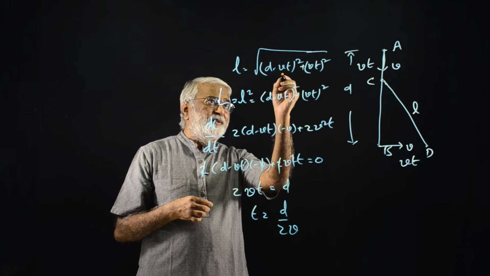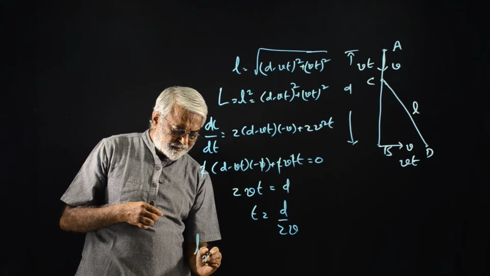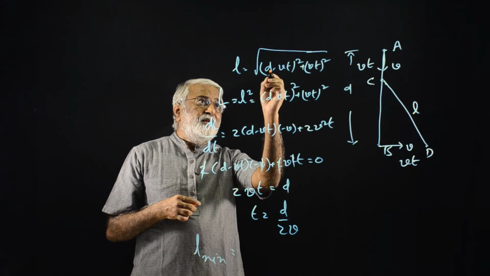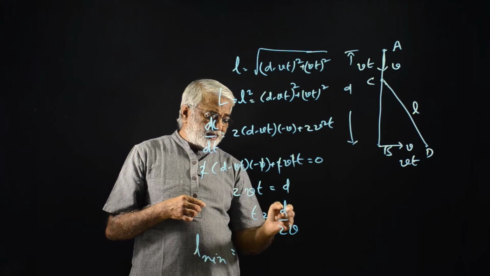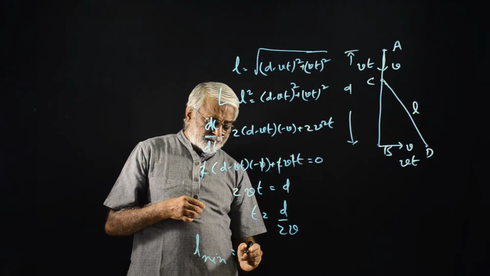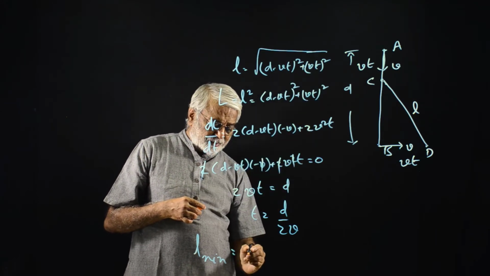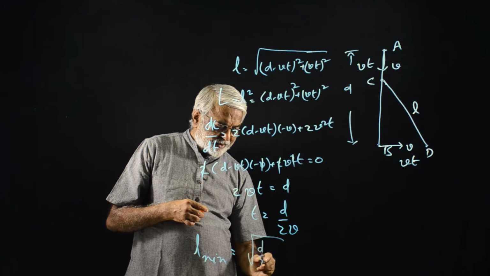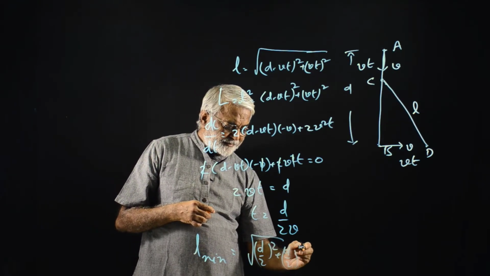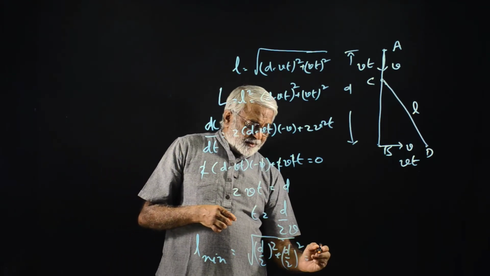So the minimum L is the root of (D minus Vt) whole squared plus (Vt) whole squared. Since Vt is D by 2, this is the root of (D by 2) whole squared plus (D by 2) whole squared, which is equal to, well, D by root 2.